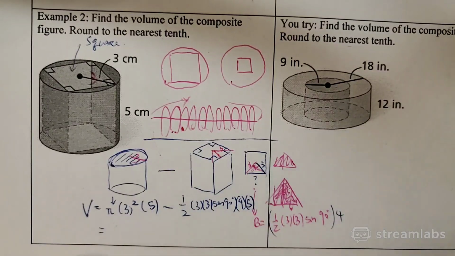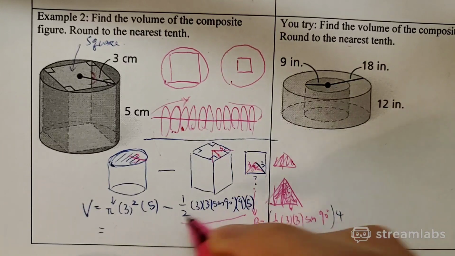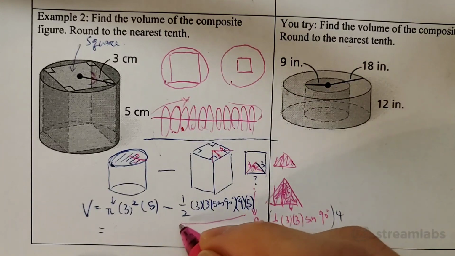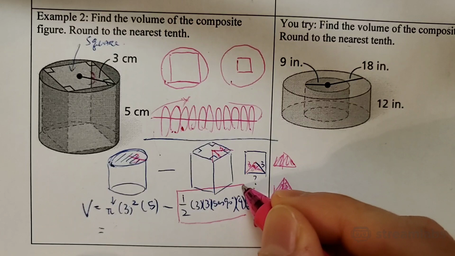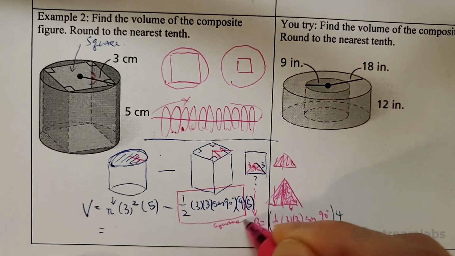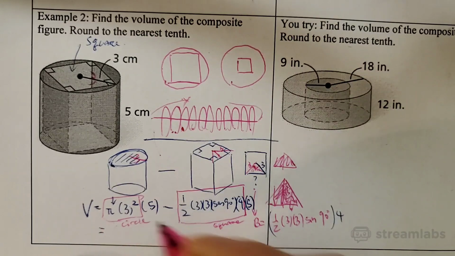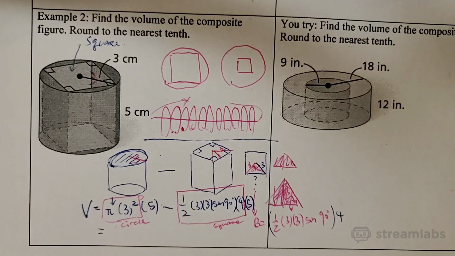This is the square, this is the circle, and this is the height. 5 is the height, right? All right, so let's calculate.